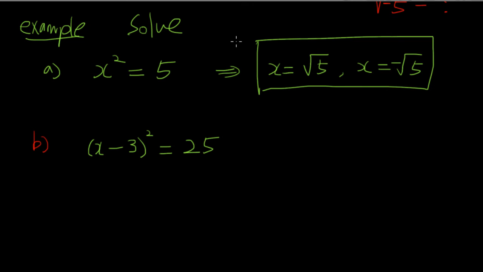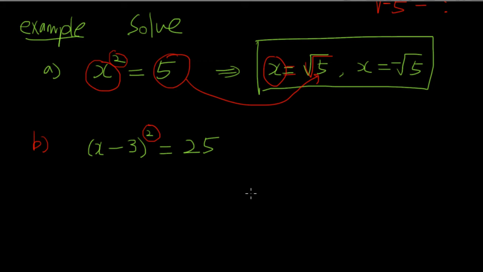Now, whenever you have this square right here, let's check the previous case. We have a square right there. So whatever this x was, it was equal to the square root of the other side, right?